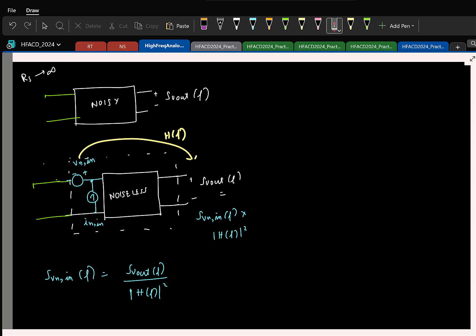From my model, I'll have the noise generated only due to the current source, and we'll be finding the transfer function from this current to the output. So what will be the units of the transfer function? Voltage by current, impedance. So this will be Sin in times mod Z of f squared.